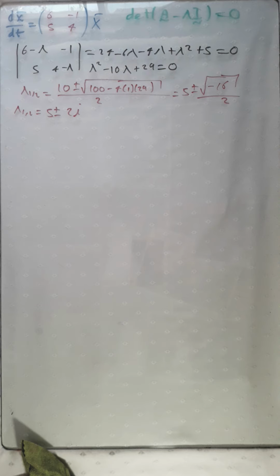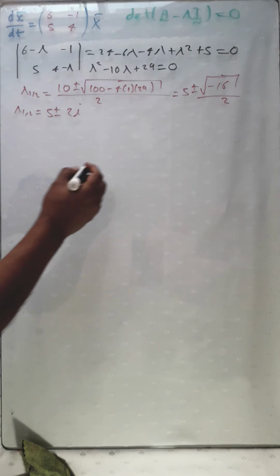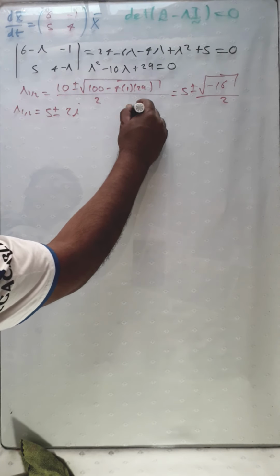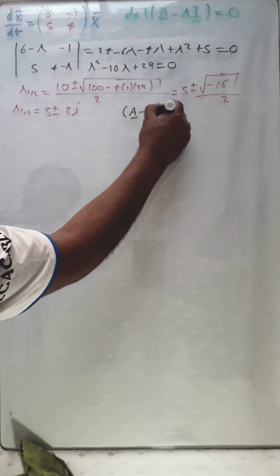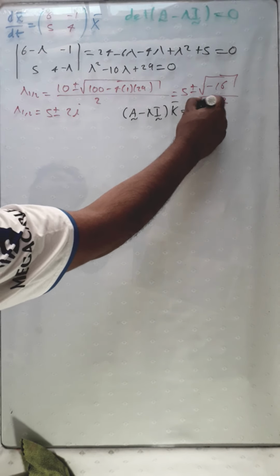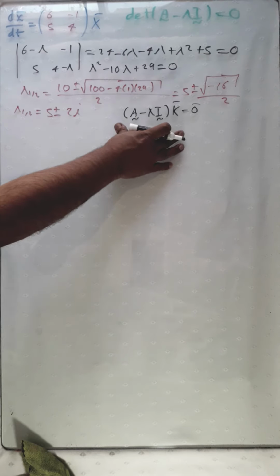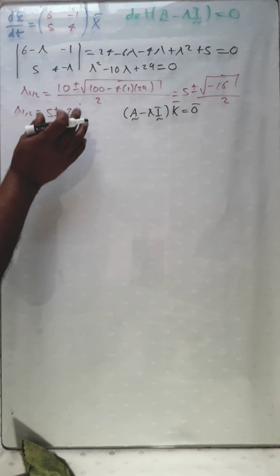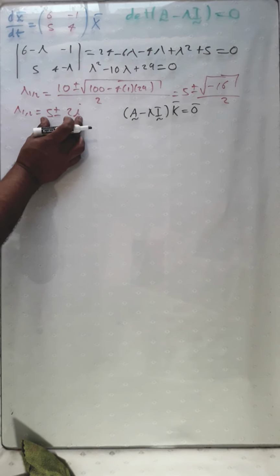Okay, so that is the problem. Even though it is an imaginary root, let's use the same procedure to find the values of the k vector. Remember this formula: A matrix minus lambda identity matrix times k vector equal to 0 vector. I usually jump directly to the equation, but with these values of the imaginary root.